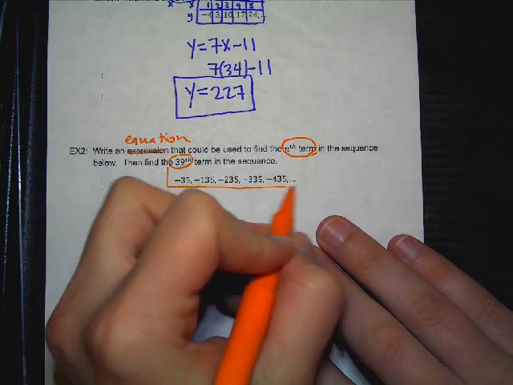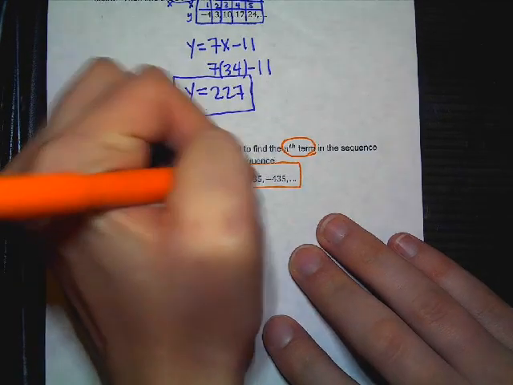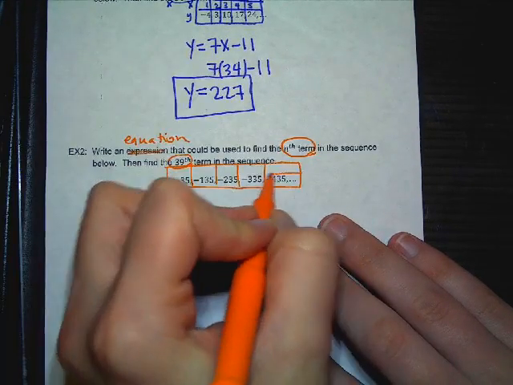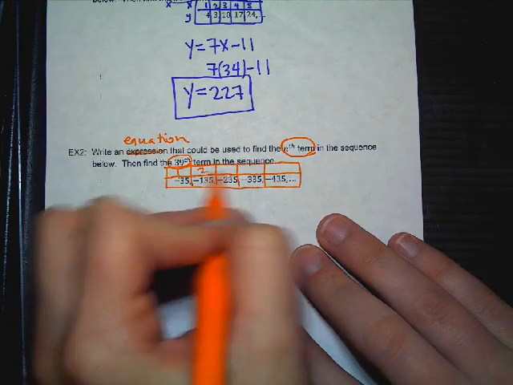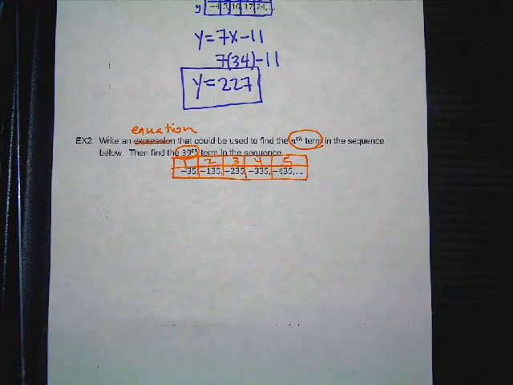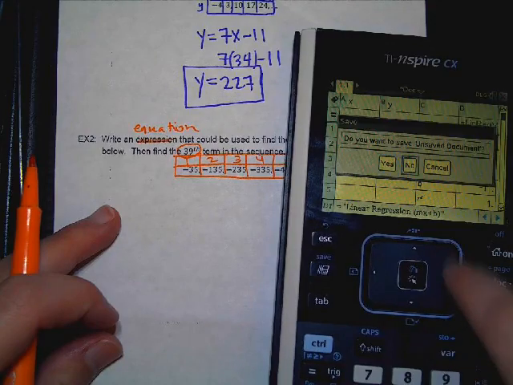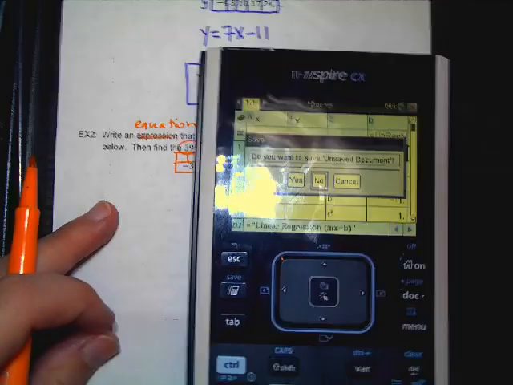Okay, so let's turn this into a table. This is 1, 2, 3, 4, 5. And then we're going to plug it in lists and spreadsheets. So go plug it in. Go to a new document.